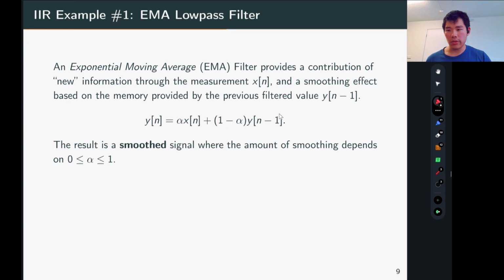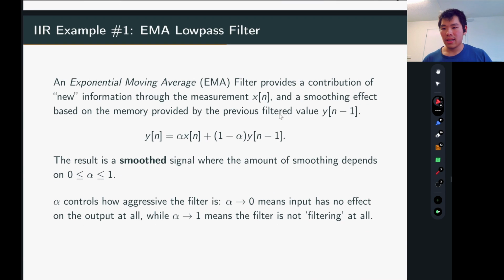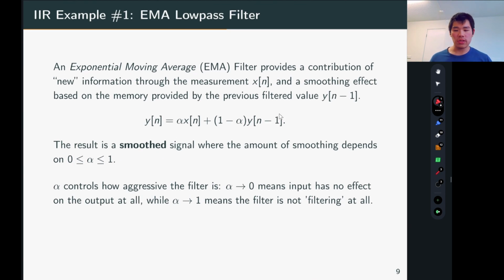So this is the difference equation: alpha times x of n, where alpha is some value between 0 and 1, plus 1 minus alpha, so that's the complement, times the previous output. And alpha controls how aggressive the filter is. So the extreme cases are when alpha is equal to 0, there is no effect from the input at all, and when alpha is equal to 1, the filter is not actually filtering at all.